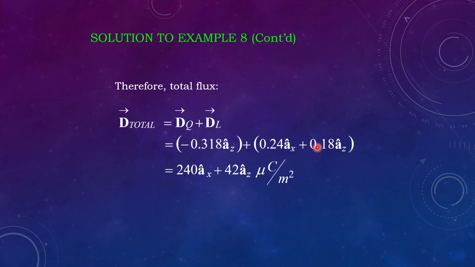So we get 0.24 ax cap plus 0.42 az cap millicoulomb per meter square, and if you want to convert it into higher numbers, you can use microcoulomb. So 240 ax plus 42 az microcoulomb per meter square will be the final answer.